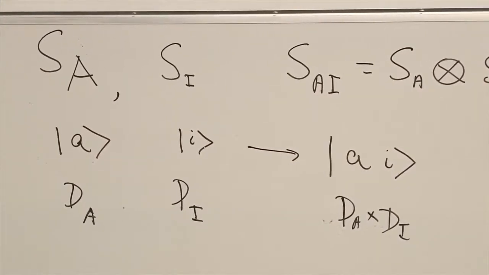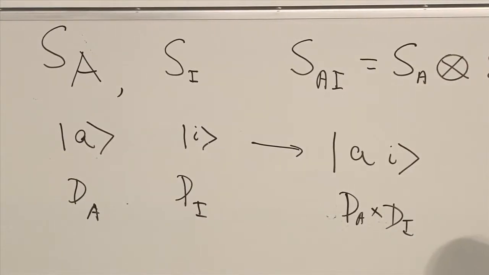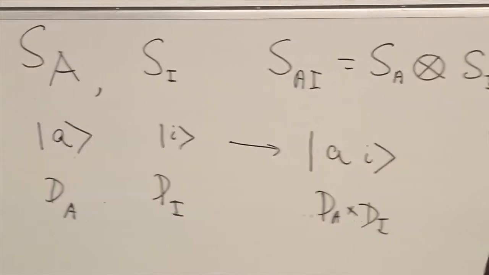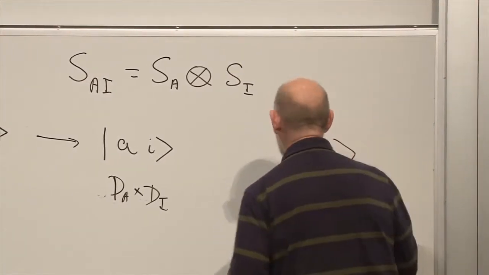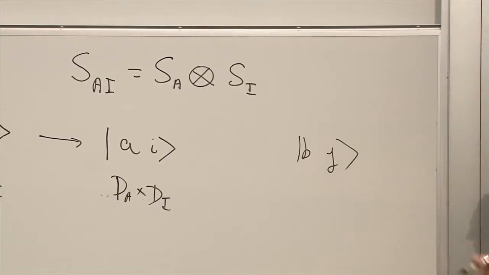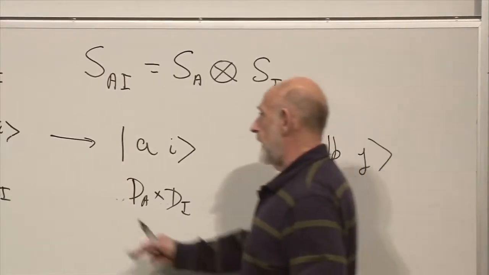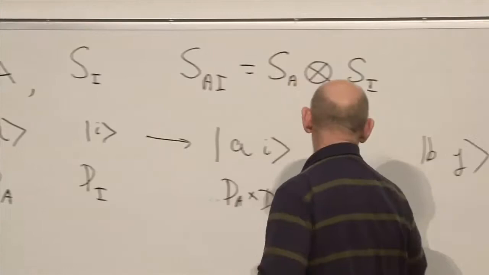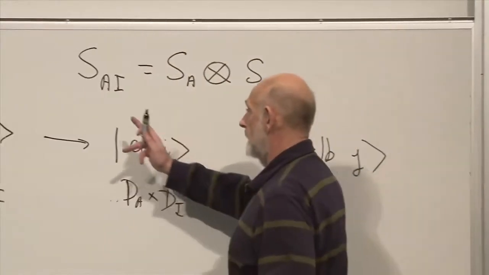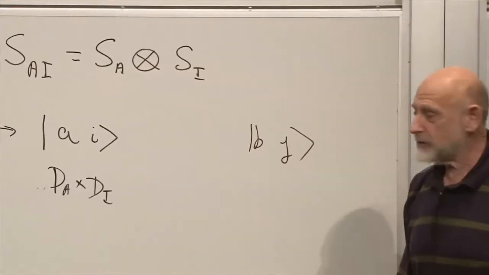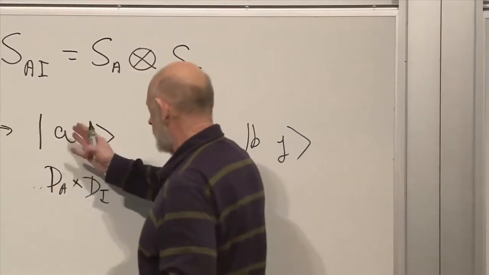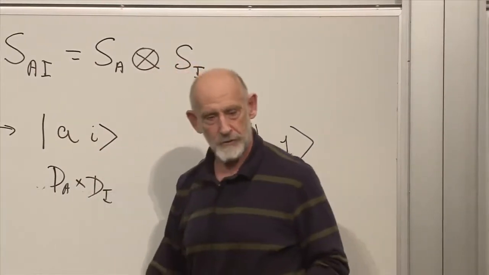Now, you think of them as an orthonormal basis. Orthonormal in the following sense. If you take two such vectors, AI and let's say BJ, where B is another one of the basis vectors of A, and J is another one of these. What's the inner product between these? Let's take these to be normalized vectors.